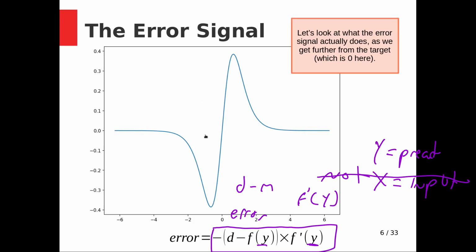And so what we're essentially looking at here is, oh yeah, and so d is 0. So assuming the desired behavior was 0, right? What does our error signal do? What does this equation do as y the pre-activation goes up, right? So as y the pre-activation goes this way, the value of tanh is going to go up toward 1, right?